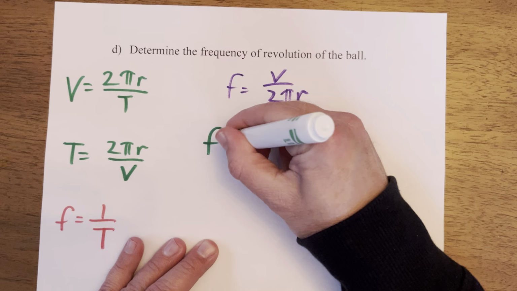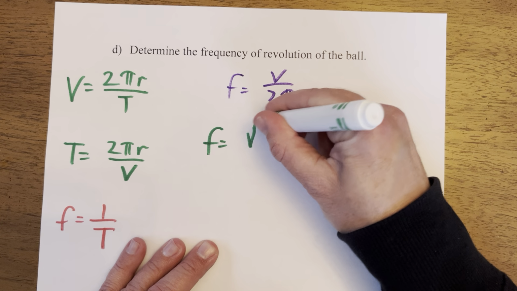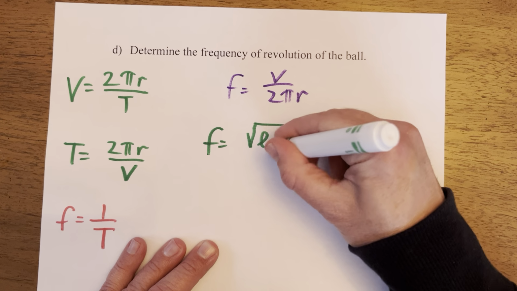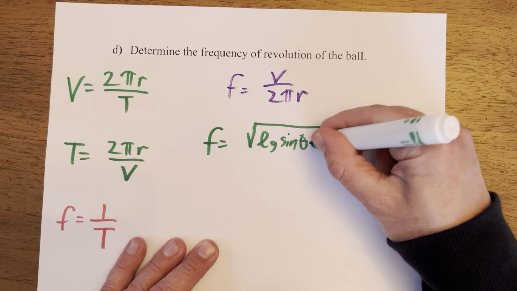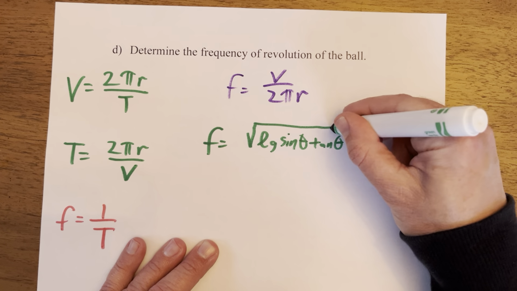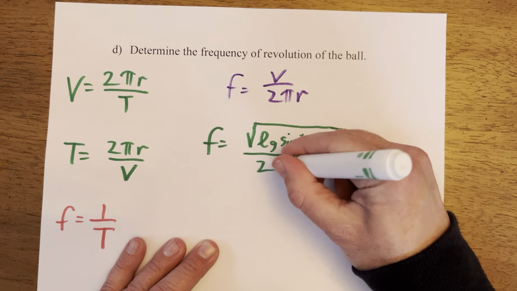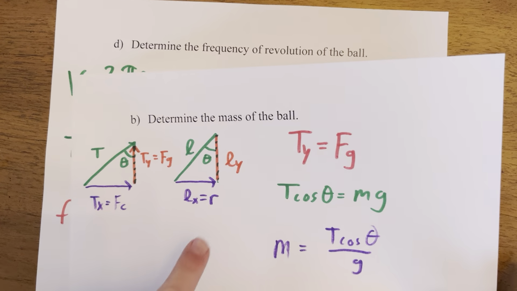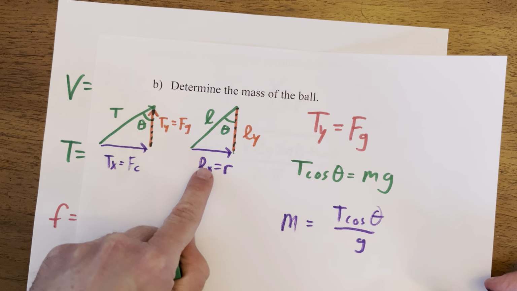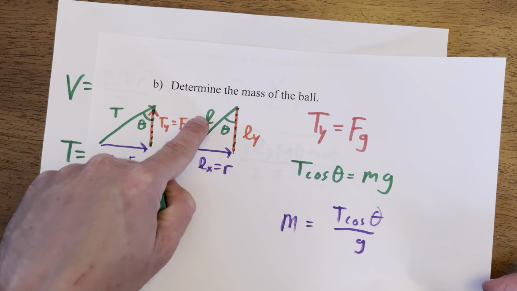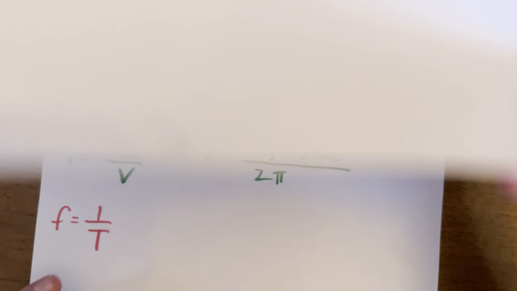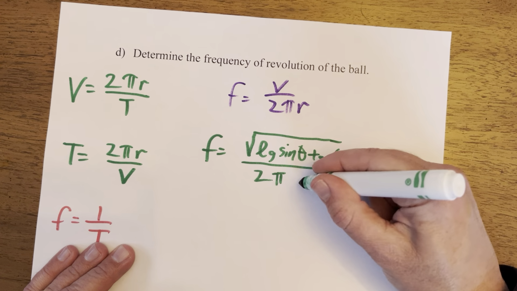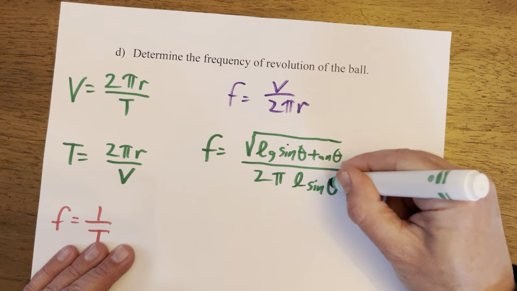So my velocity, remember, was from our previous one, the square root of LG sine theta tangent theta. And we're going to put that over top of 2 pi r. But be careful, remember, you cannot put r in there. We've got to use it in terms of L. So r is the Lx component, which is L sine theta, since it's opposite to the angle. So this becomes L sine theta.